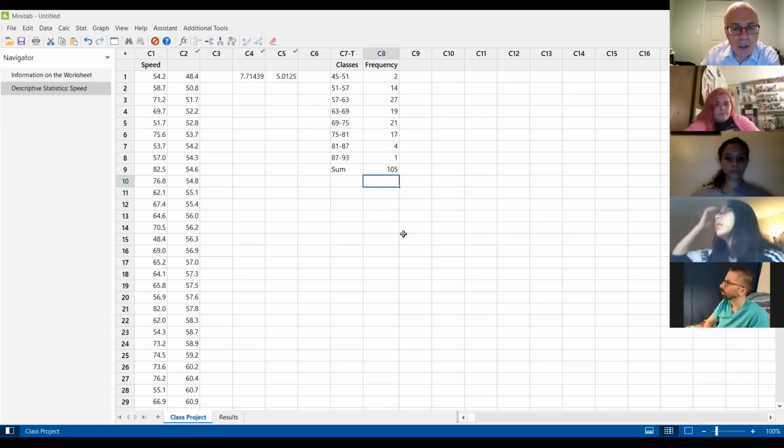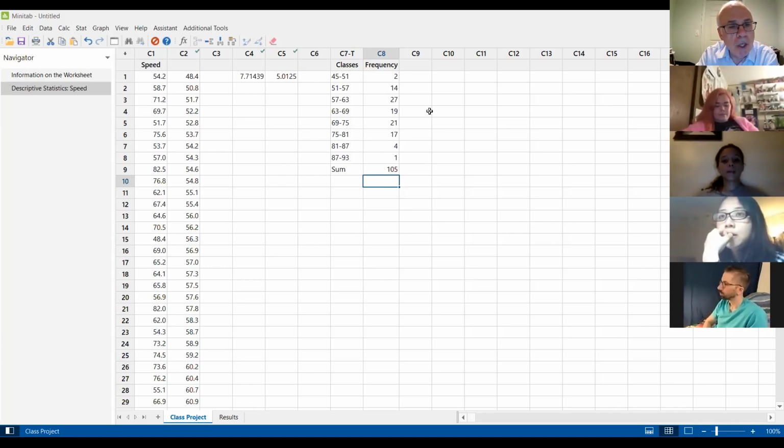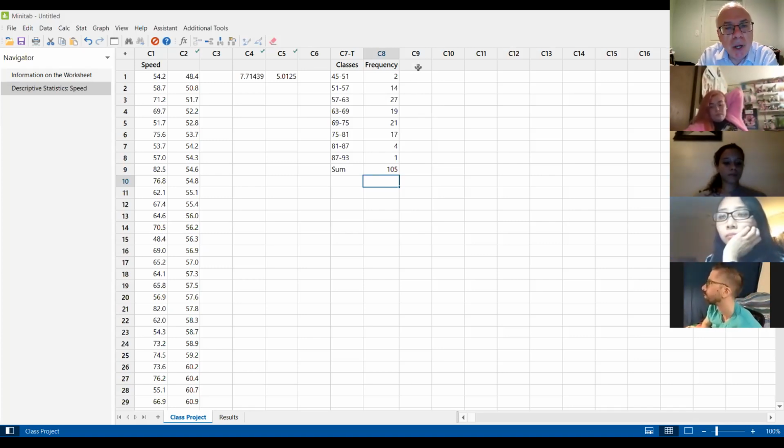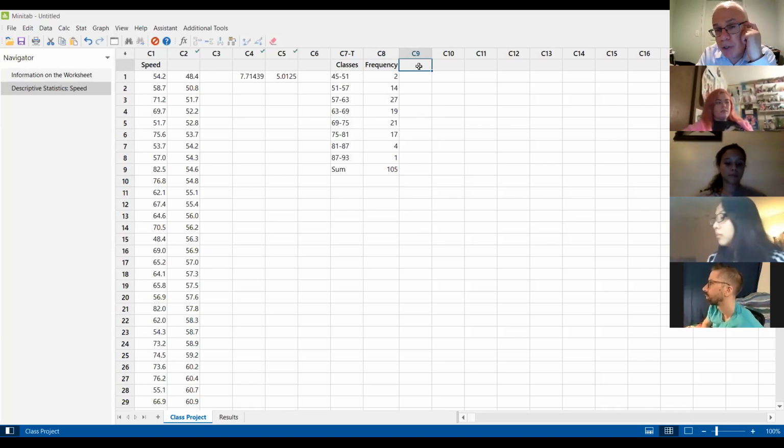Any questions? Now, there are 2 other calculations that you need to know in this section. Another calculation is called relative frequency. You take the frequency of the class and divide by the total number of values in your data set, which gives you the relative frequency.